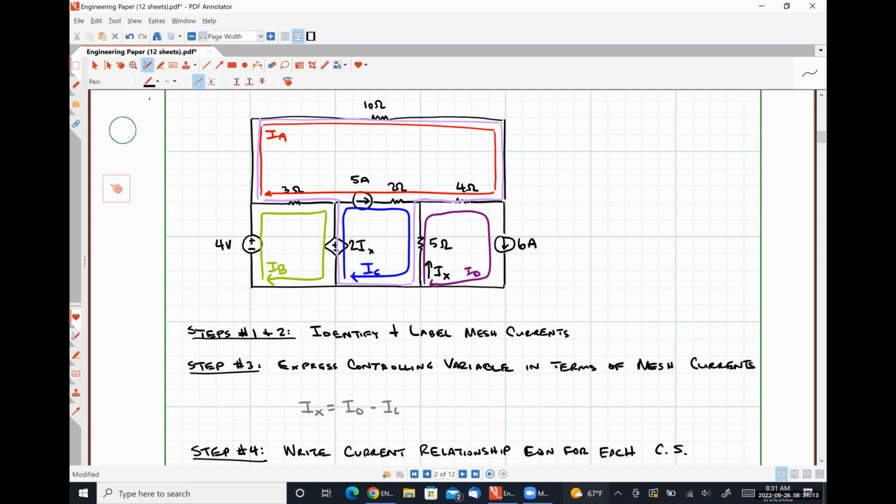Since this particular super mesh is composed of 2 meshes, we should expect to get 2 equations from it. We already have one of them. It's our current relationship equation for the 5 amp source. Our next equation is going to come from writing Kirchhoff's voltage law around this super mesh.